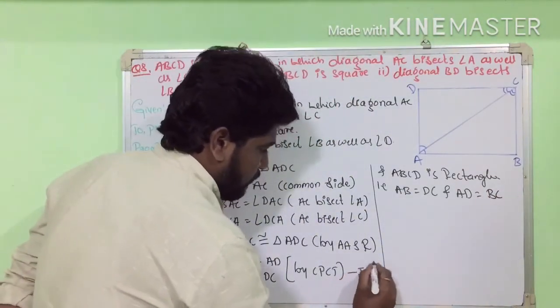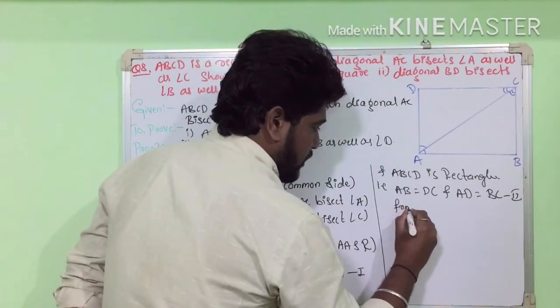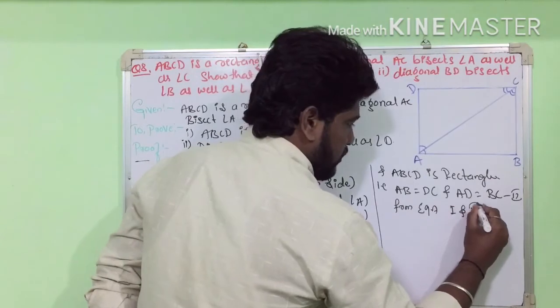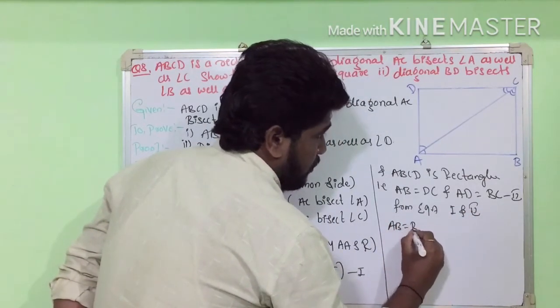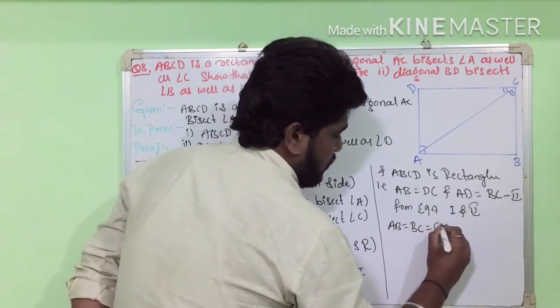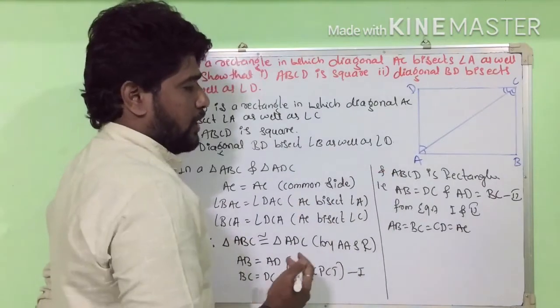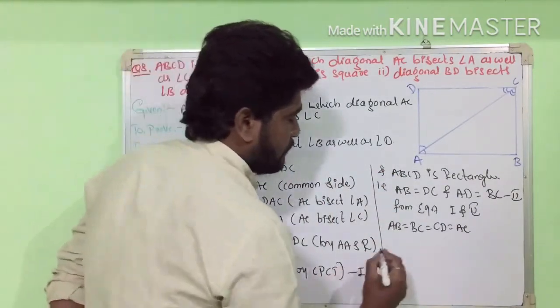Call this equation 1 and call this equation 2. From equations 1 and 2, AB is equal to BC is equal to CD is equal to AD. So all sides are equal. It means ABCD is a square.